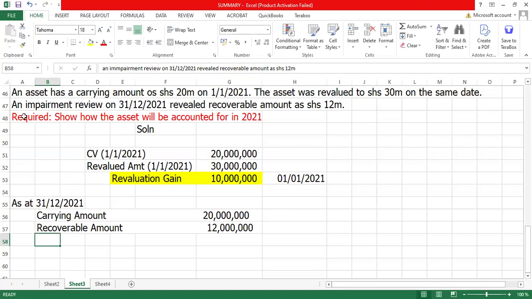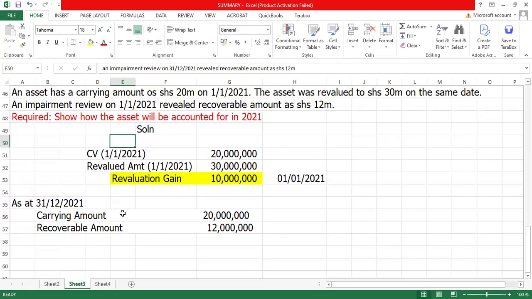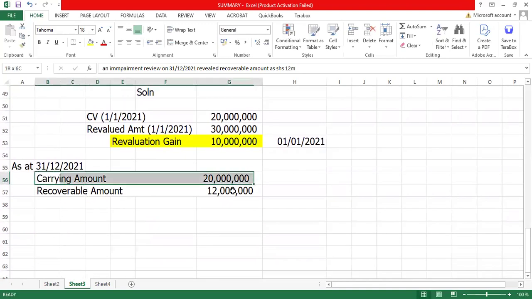Let's use the same data here, the same date. So the recoverable amount, still on the same date, is this. So what will happen is that you compare the two.